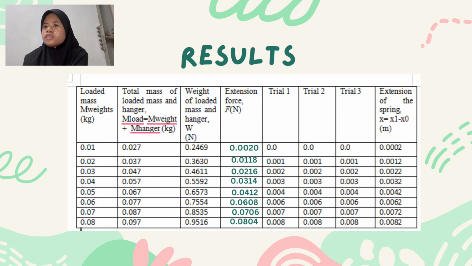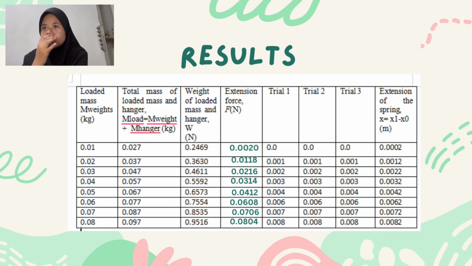Firstly, you have to plot a graph of the weight of the loaded mass and hanger against the extension of the spring, and then you will get the extension force.